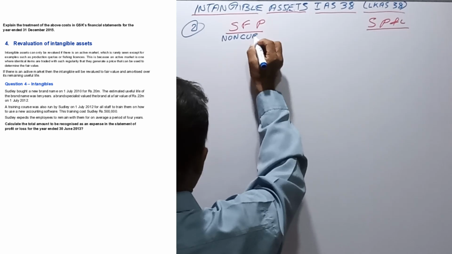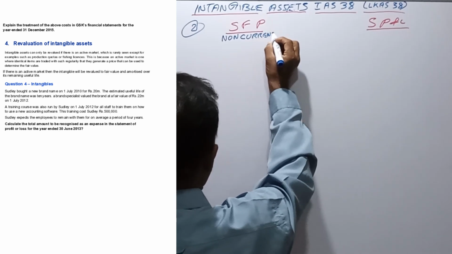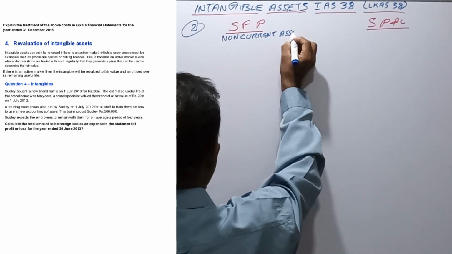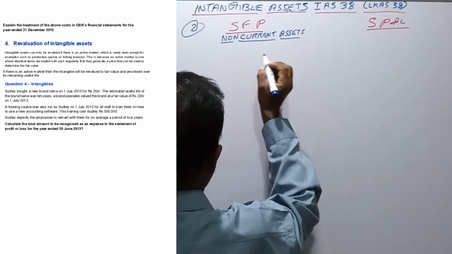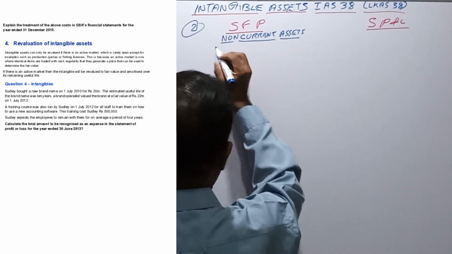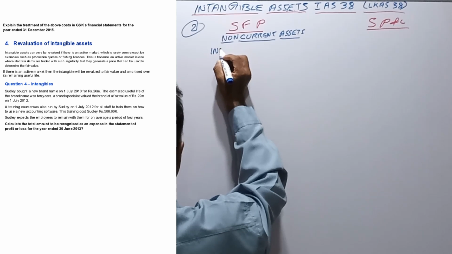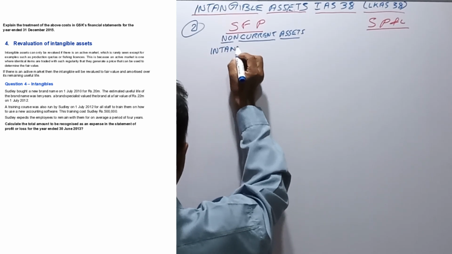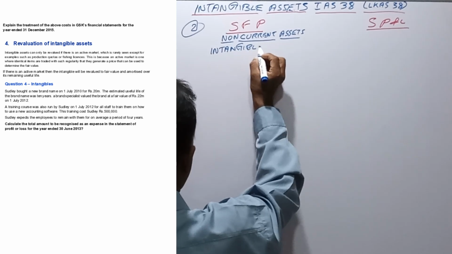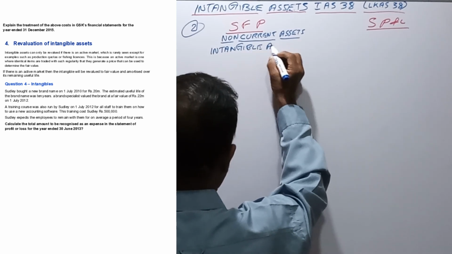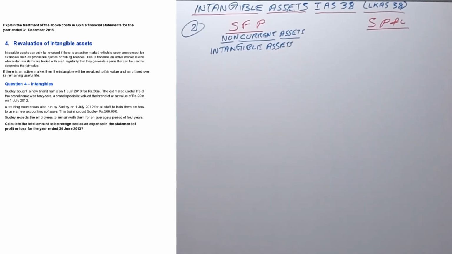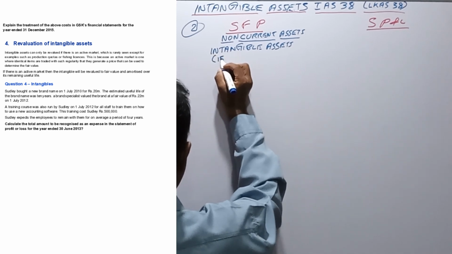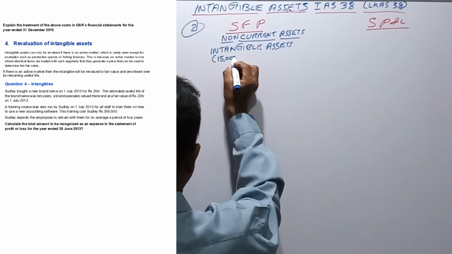Under non-current assets, you will say intangible assets, 15 million.